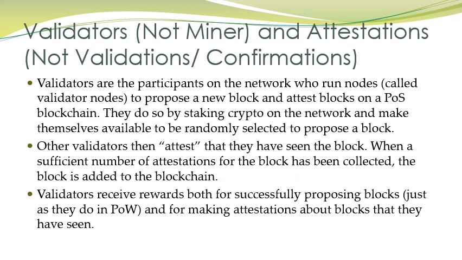In the proof of stake algorithm, the nodes that will propose a block, the nodes that will create a block in the Bitcoin network, are called validators. In proof of work, we call those nodes miners. But in proof of stake, the nodes who can propose a block are called validators.